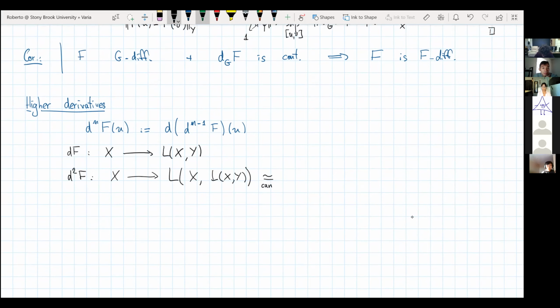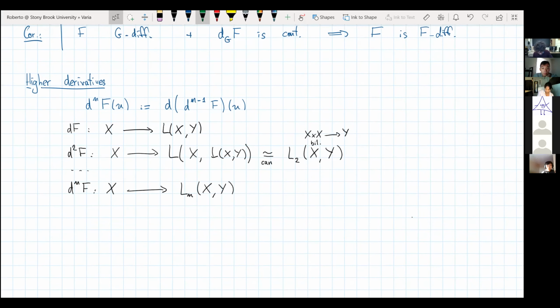This is canonically identified with bilinear maps from x cross x to y. So if you keep doing that, the nth differential would be a map from x to the n-linear maps from x cross x, n times, to y.